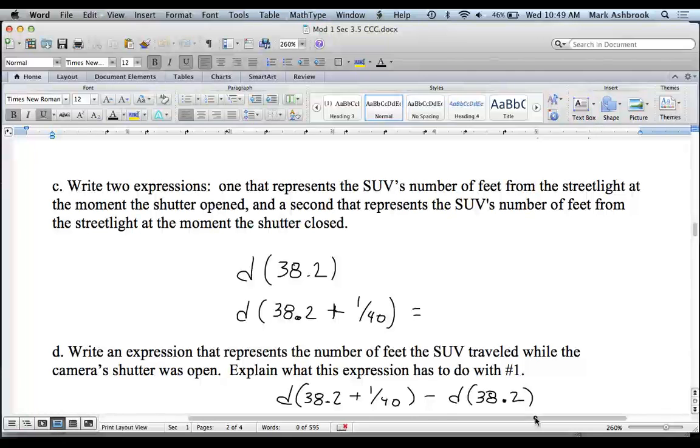The distance of the blur on the photo? How far he traveled. Yeah, so it was exactly what we were after in number 1. This is a representation now, using that function, of the distance that the truck went, which we were trying to estimate using the photo, right? Is that the last question? Is there one more?